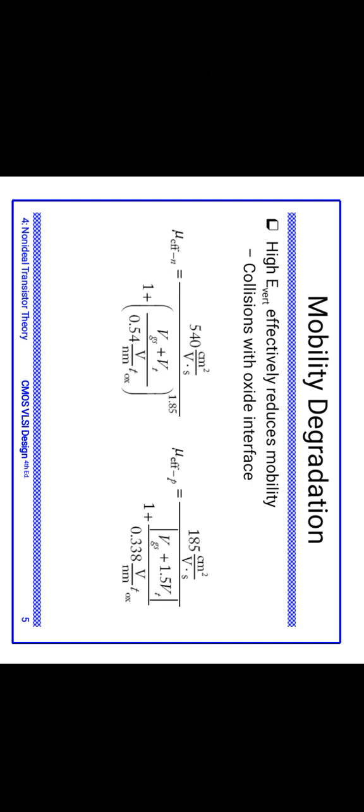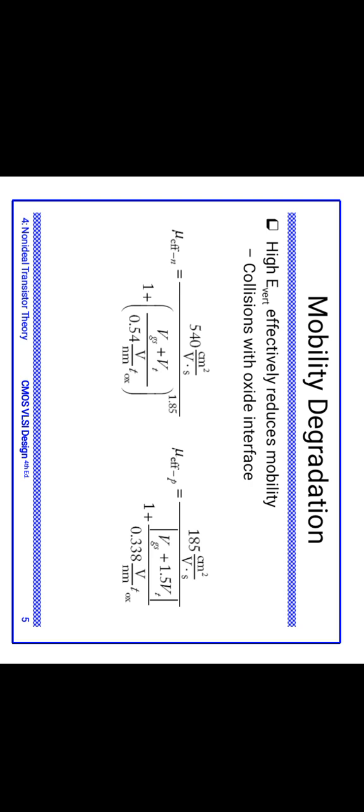Next is mobility retardation. Mobility retardation means strong vertical electric fields due to large VGS cause the carriers to scatter and reduce the carrier mobility mu. This phenomenon is called mobility retardation.